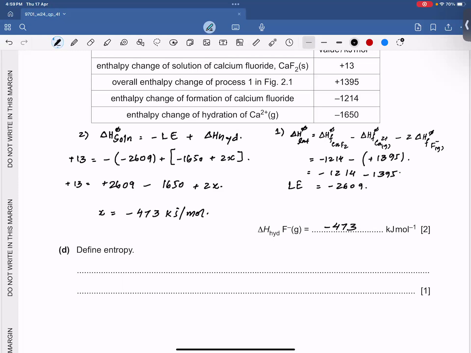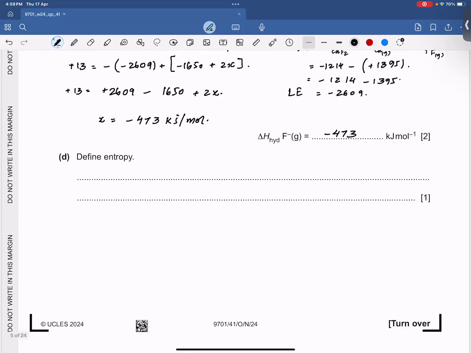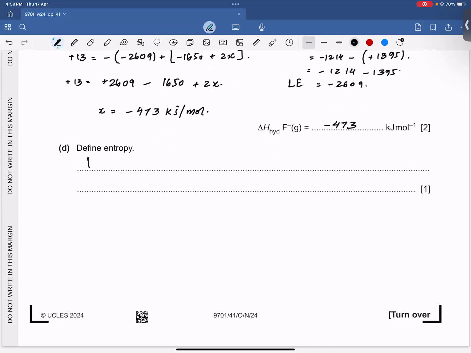Define entropy. Entropy is easy. The disorderness of the system is basically entropy, and what does disorderness of the system mean?